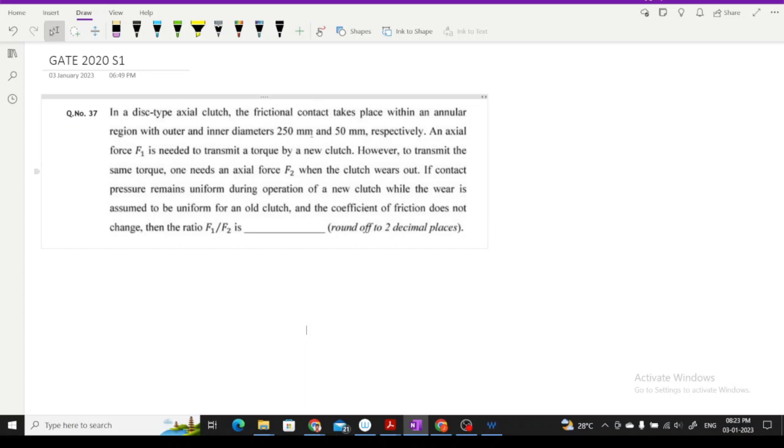So here, how can you approach? Force by uniform pressure to uniform wear. Yeah, first you have to calculate that force for uniform pressure, and then uniform wear, and then you need to take the ratio. Correct? Yes, sir. So calculate and let me know what you are getting.